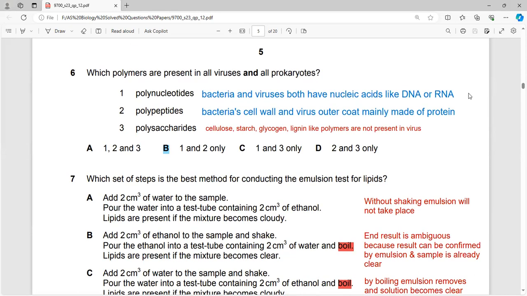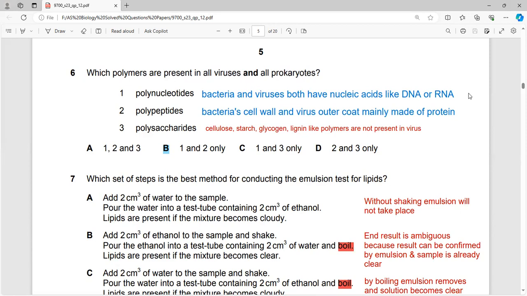Which polymers are present in all viruses and in all prokaryotes? Polymers means when many different monomers or small units link together and produce a polymer. Polynucleotide: we have the nucleotides, adenine, guanine, cytosine, and thymine, different nitrogenous bases.